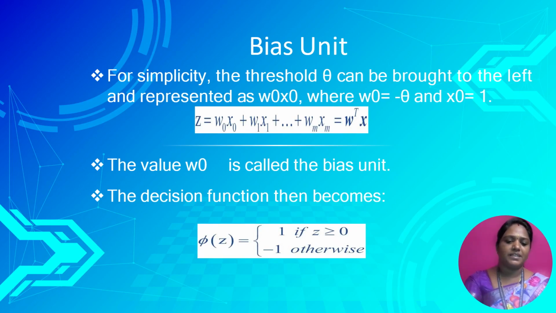So it can be represented in the mathematical formula Z equals W0 X0 and so on, the weights and input values multiplied and summed over all the values. In the final form, it is W to the power of T into X. The value of W0 is called the bias unit. The decision function then becomes phi of Z: 1 if Z is greater than or equal to 0, otherwise -1.